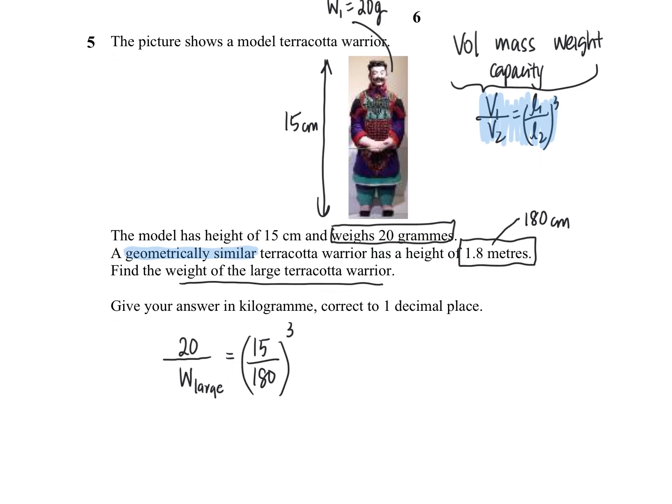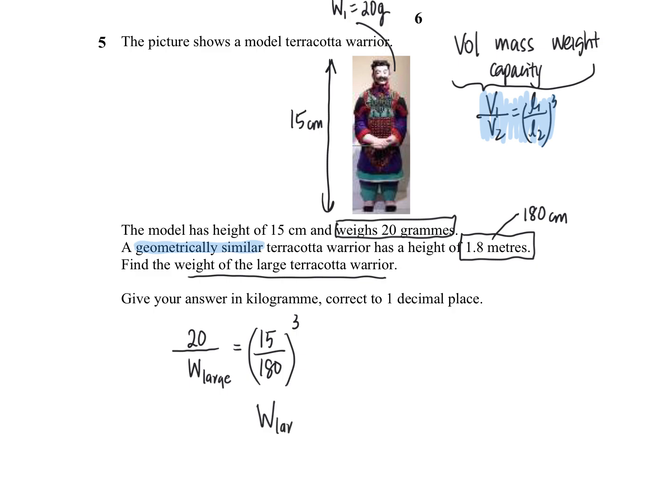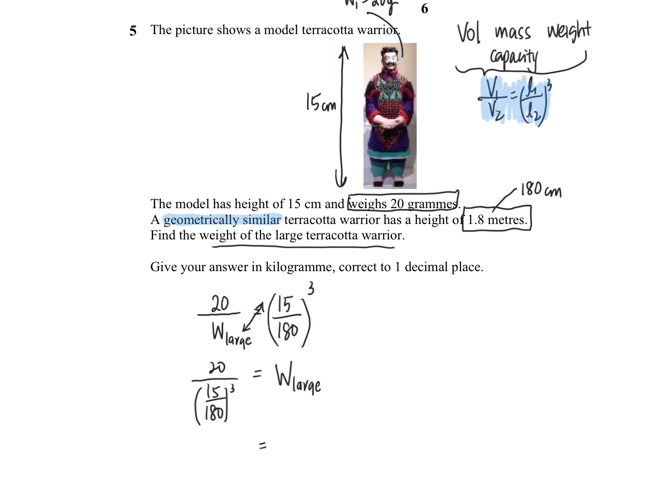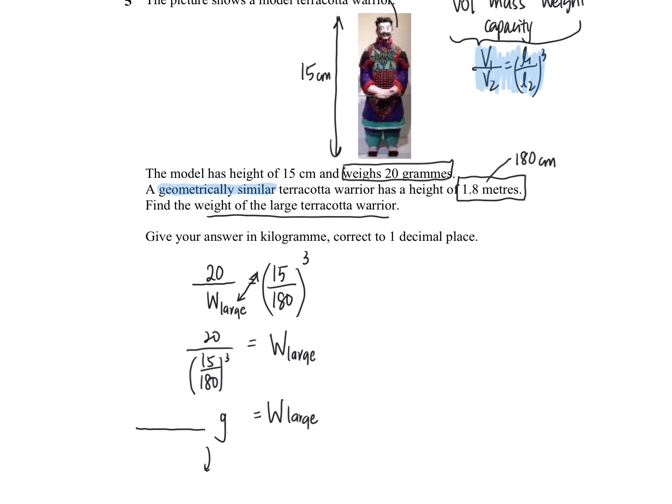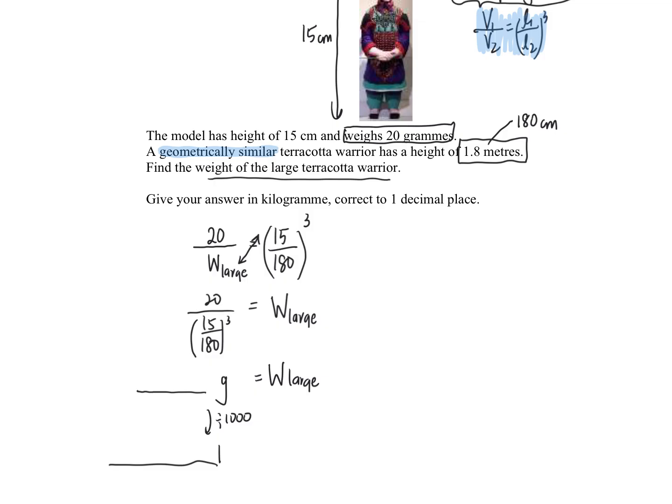So to find the weight of the large one, instead of doing your cross multiply, you can swap the position of these two. This whole thing you bring down to divide. Go and calculate. Your answer is in grams. So go and convert it to kilogram by dividing by 1,000. And then round off your answer to 1 dp.